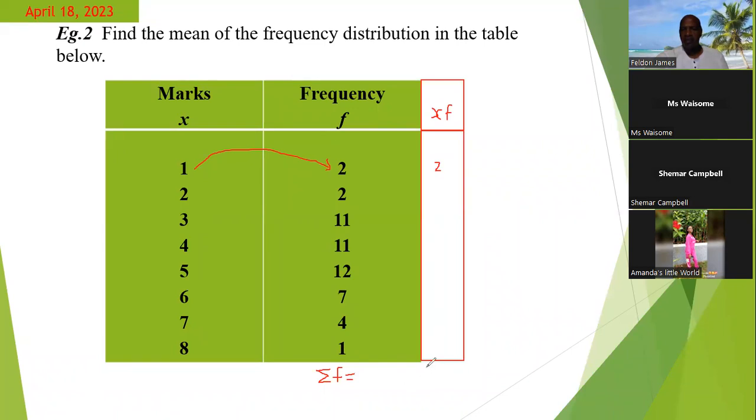Over here, you're supposed to have the sum of XF, and you should say what that's equal to. All right, guys. Just raise your hand when you're through doing your calculation.